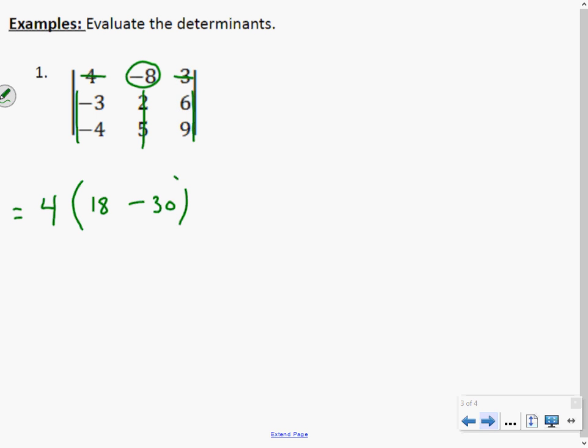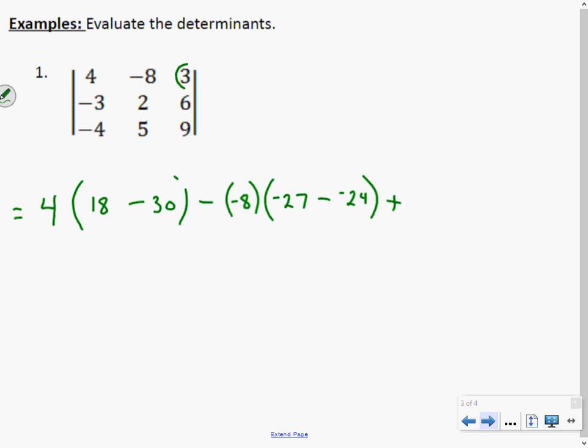So the determinant of that, and remember we're doing minus, so we've got negative 8 times the determinant. Negative 3 times 9 would be a negative 27, minus 6 times negative 4, which is going to be a negative 24. And then we're going to add, and we're going to make our final calculation here.